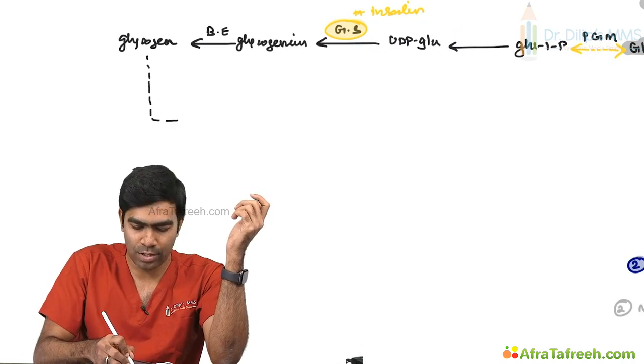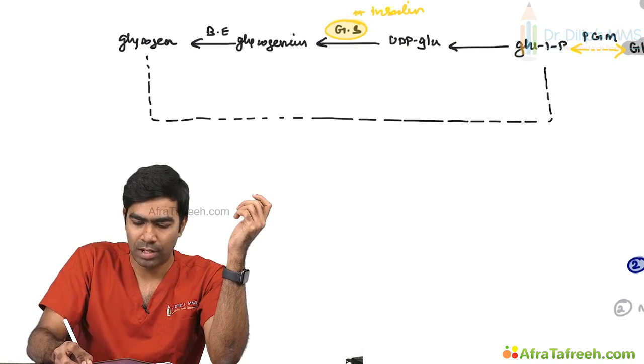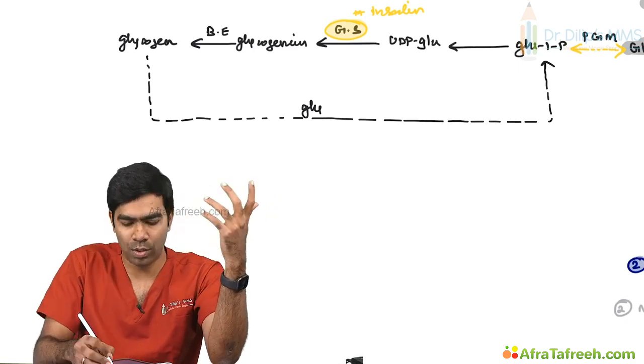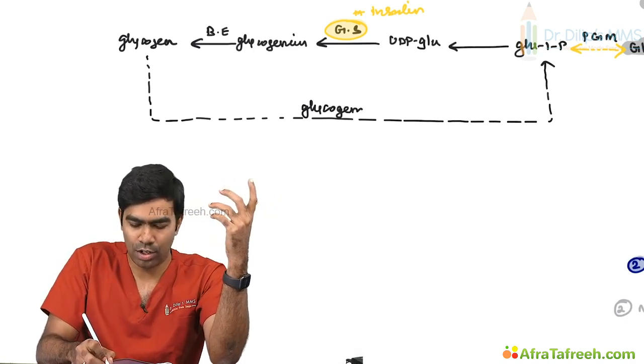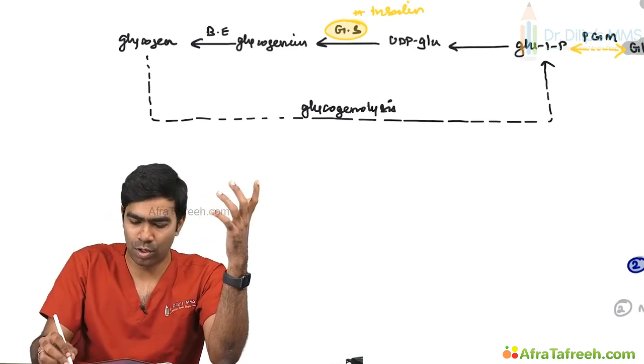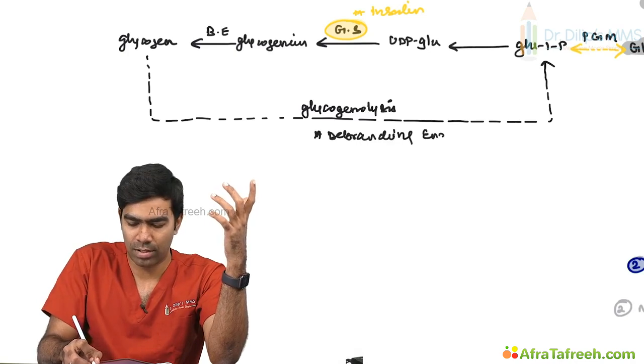So now this glycogen can be broken down in times of need to glucose 1-phosphate by a process called glycogenolysis. And there are two enzymes that are important for glycogenolysis. One is, of course, the debranching enzyme, because you have to break down the branching points once again. So you need the debrancher.